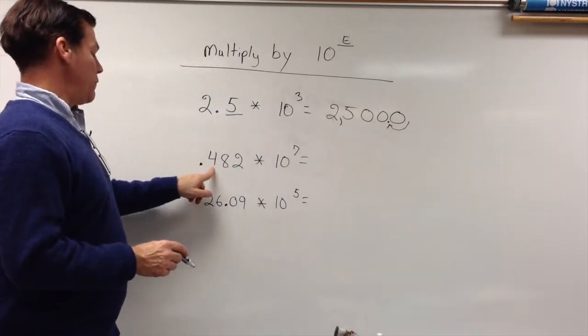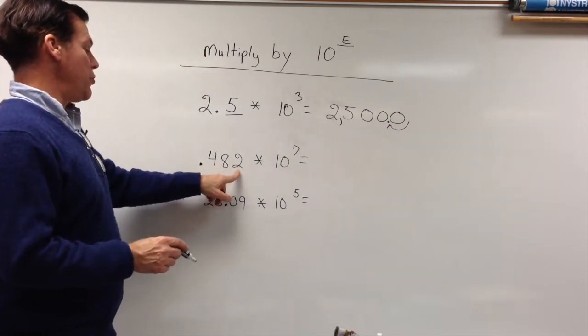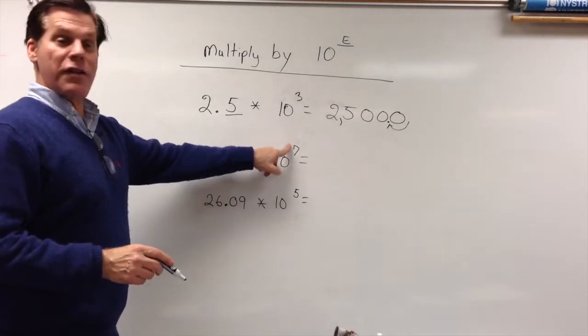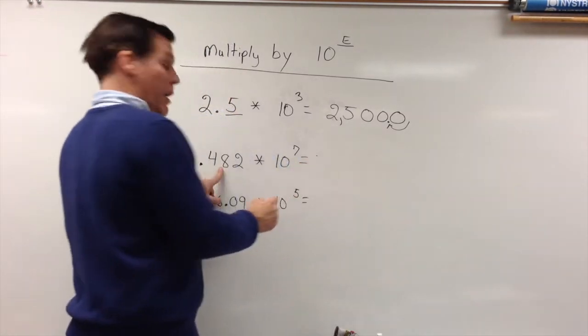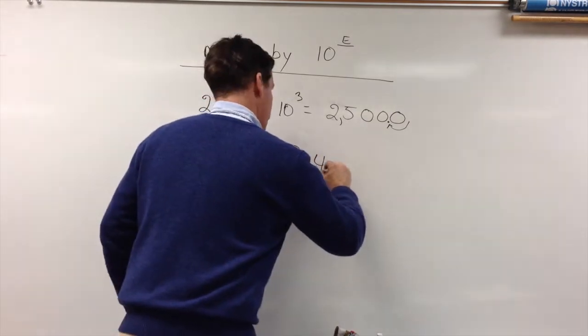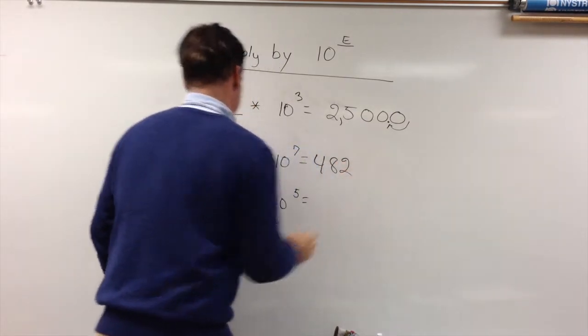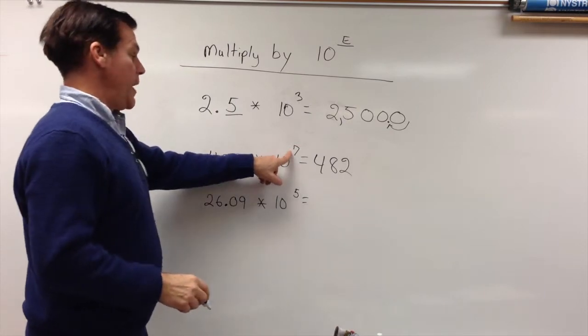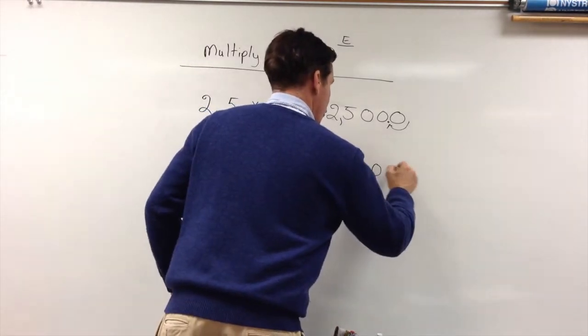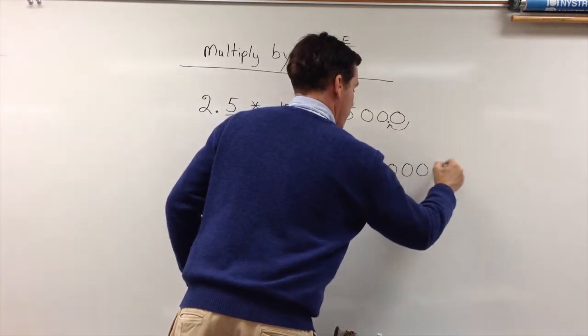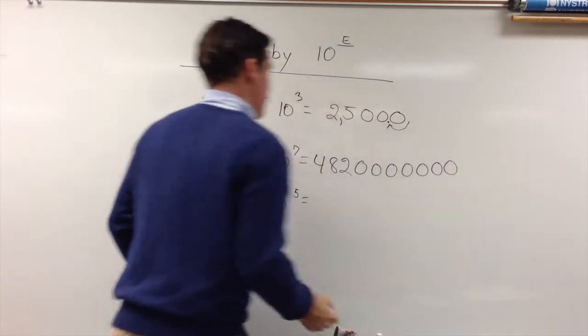Okay, I've got 0.482, 482 thousandths, times 10 to the 7th power. I'm going to just go ahead and write down the number, 482. I'm going to put down 7 zeros: 1, 2, 3, 4, 5, 6, 7 zeros.